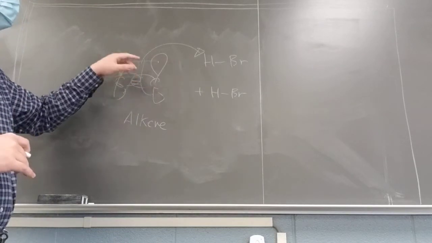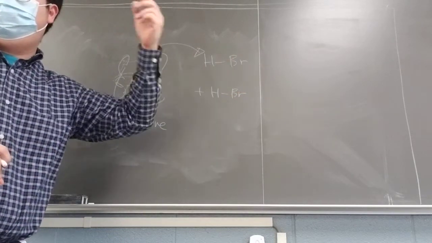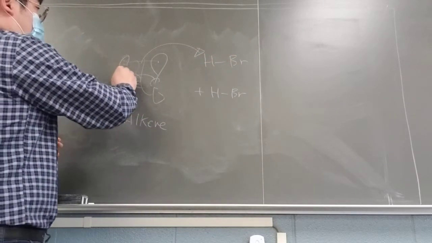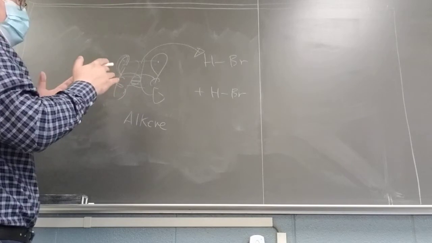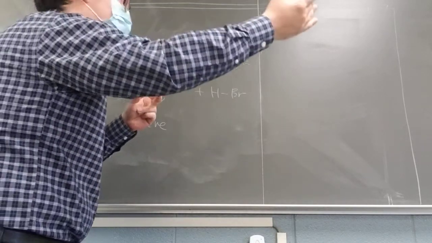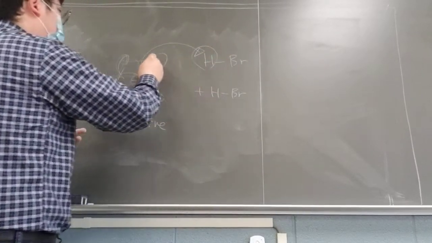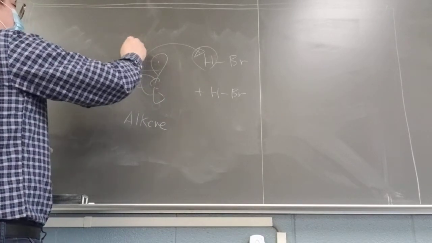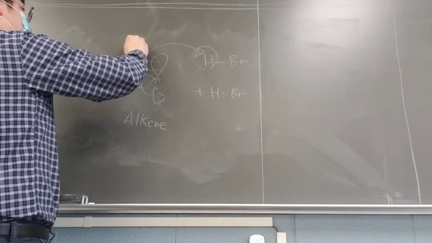Those are more available to make new bonds because of that. Okay, makes sense, right? So this is a much easier electron to use for making a bond to something that is positive. So the electrons in the double bond will behave like a nucleophile.